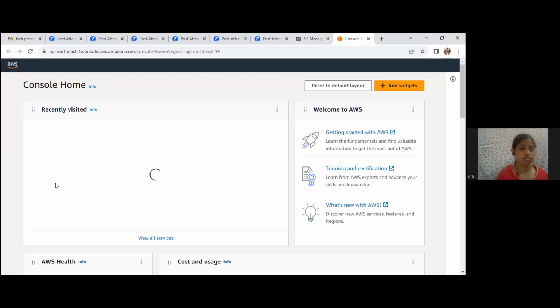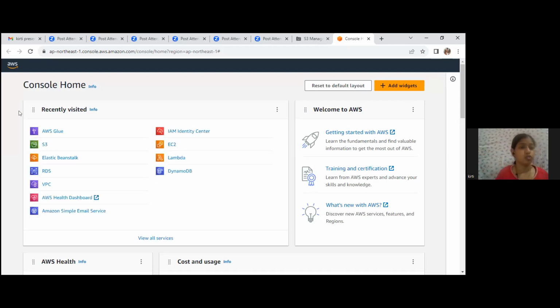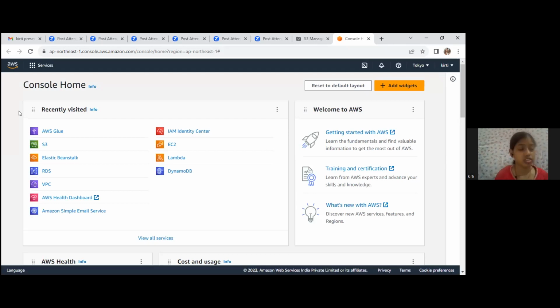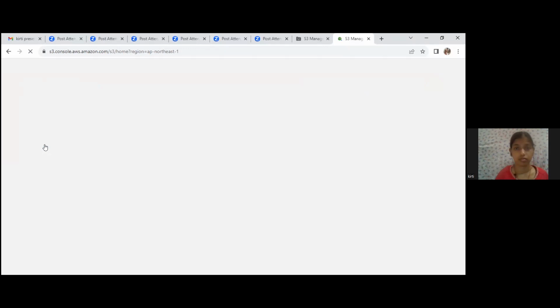I'm back. Yes, sir. So firstly, we log in to our AWS Management Console and go to the service and search for S3. So just click on S3. After that, we need to create a bucket.